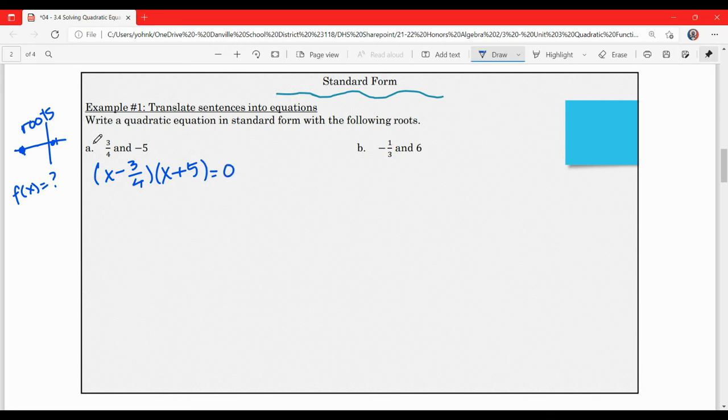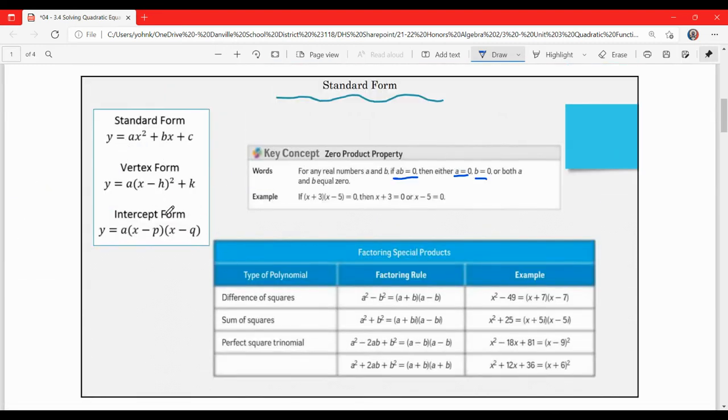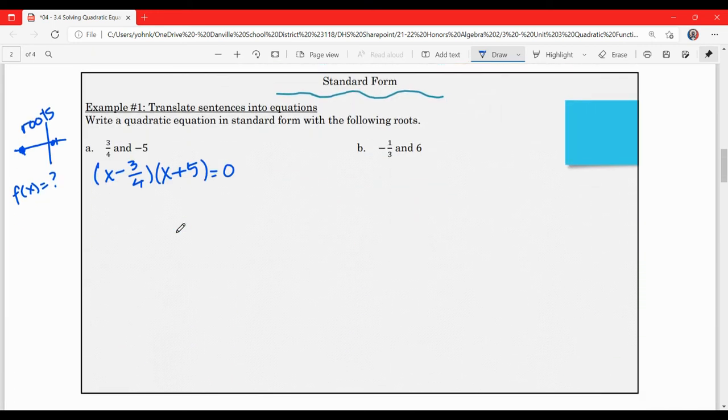The reason why I do this is because the factored form, if you remember from the previous slide, had subtraction in it. And so if I know what the intercepts or the roots are, then I can substitute it in with subtraction. Now, the reason why the second one went to positive is because you have x minus a -5, which is really x plus 5.